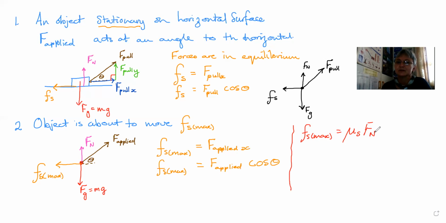Now, this is where matters are a bit more complicated, because the applied force has a vertical component, and the two vertical components, F applied y and the normal force, acting in the same direction, upwards, are kept in equilibrium by the gravitational force.